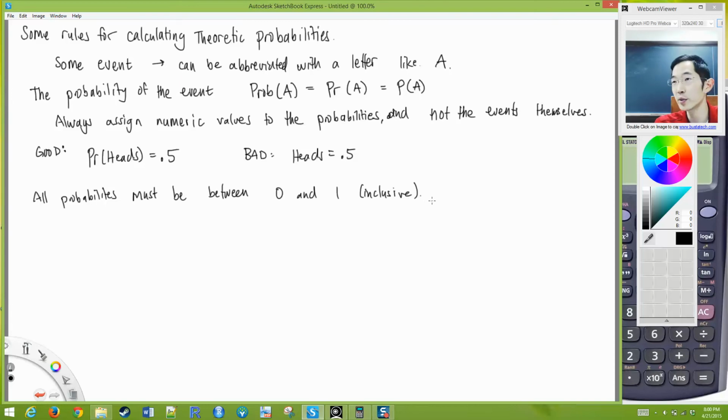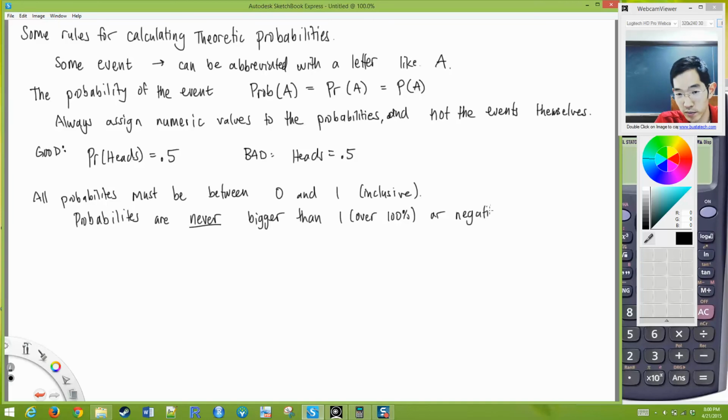It can never be negative. Okay? Probabilities are never bigger than 1 or over 100% or negative. Okay? At least in this class.